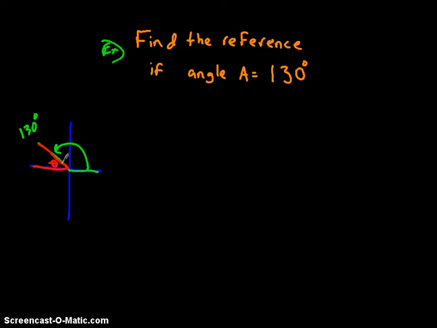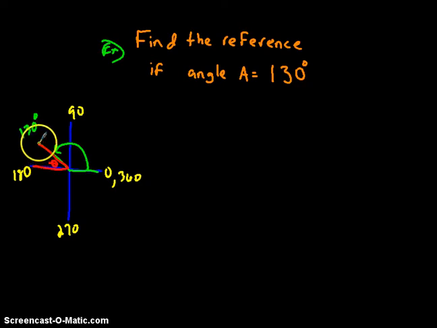And the way we find that is, we just have to remember what quadrant we're in. All right, so seeing as this is now quadrant 2, you go 0, 90, 180, 270. Again, that would be 360. So if I'm looking at this quadrant, I'm looking at, well, if this is 130 and that's 180, well, what's the difference between the two?